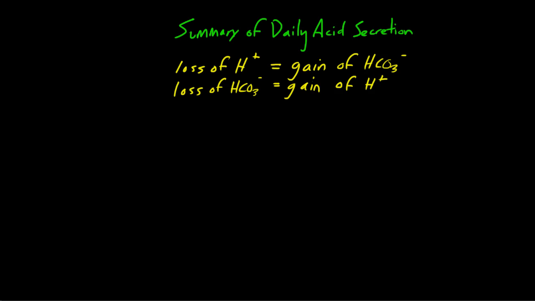Okay, now I'm going to summarize daily acid secretion to show you how all these concepts add up. One important concept, whenever you're losing hydrogen ion, you're at the same time gaining a bicarbonate ion. If you're losing a bicarbonate ion, you're gaining a hydrogen ion. I hope that's not too confusing, but the previous diagram should have explained that.